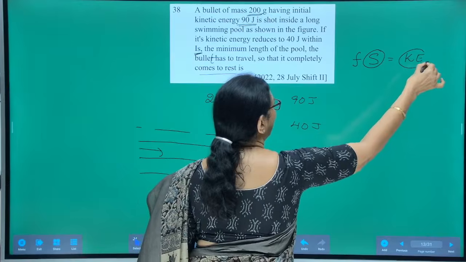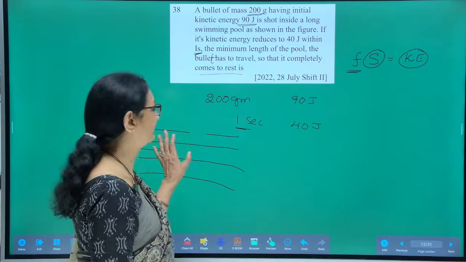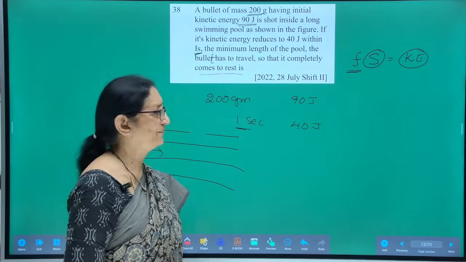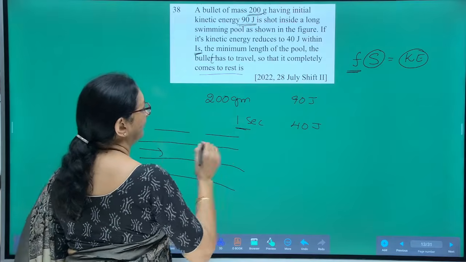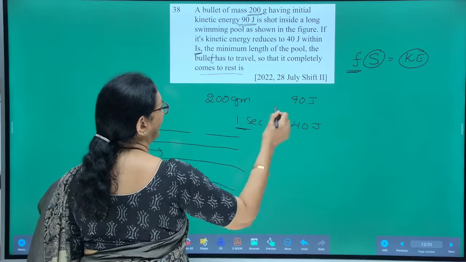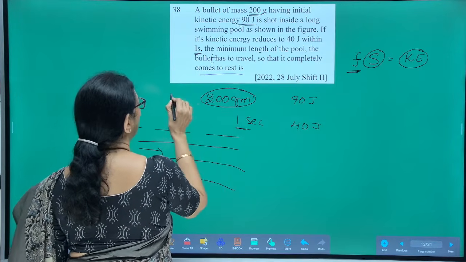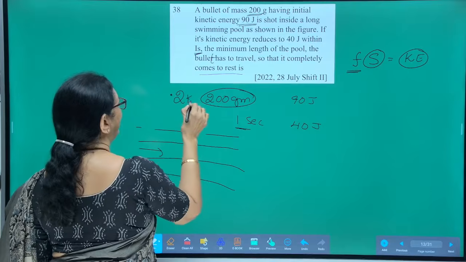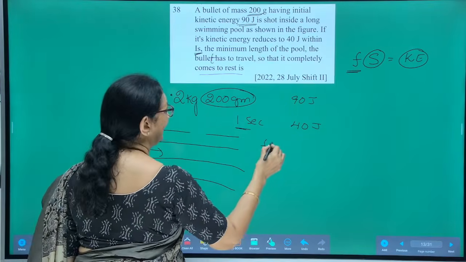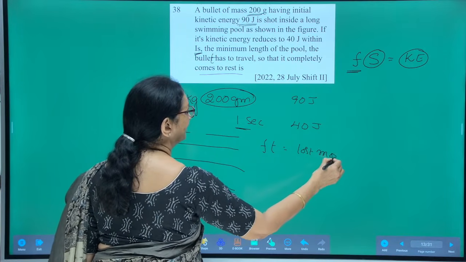So, initial KE is given, but F is not given. That is the force of resistance offered to the bullet by the water. So, to find the force of resistance offered, let us find out this data. If you convert this mass into kg, it is 0.2 kg. So, here F into t is equal to lost momentum, isn't it?